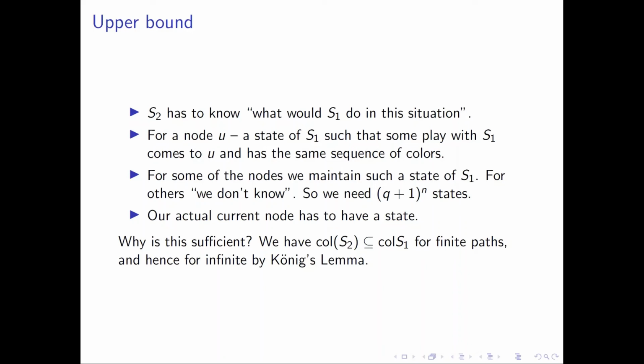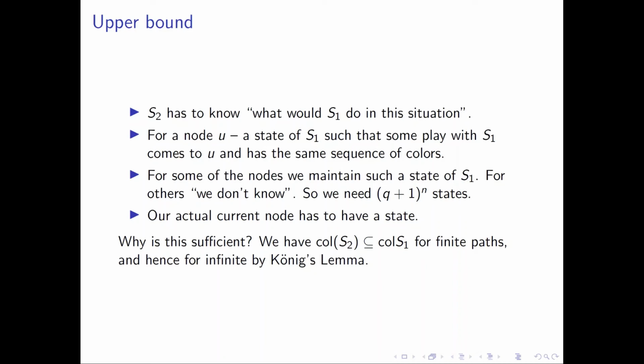But for the rest of the nodes, we will just maintain some label saying that we don't know; there is no sufficient information for these nodes. So basically, each node can be assigned to a state of S1, and there are Q such states, or it can be assigned to a label that we don't know. So S2 will have (Q plus 1) to the n states, but it will be chromatic.